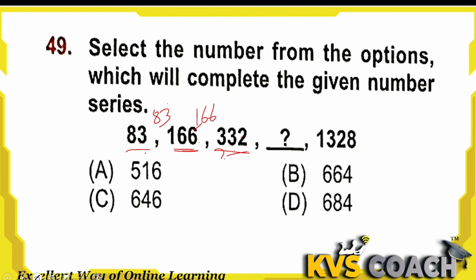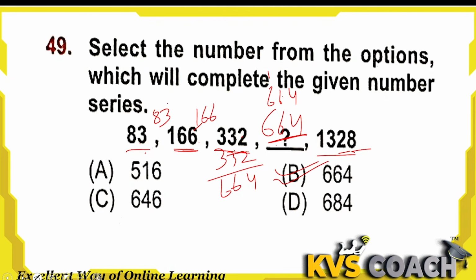So 332 plus 332 will make the next number, that is 664. And 664 plus 664 will make 1328. So 664 is the right answer here. B is the right answer.